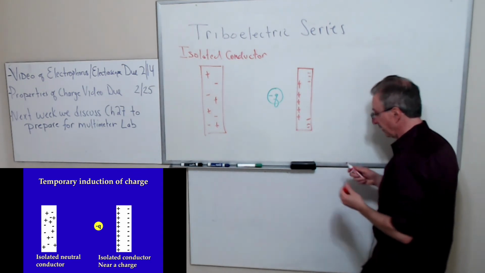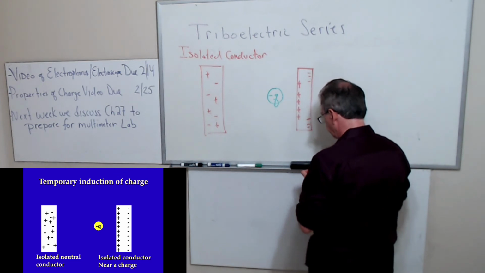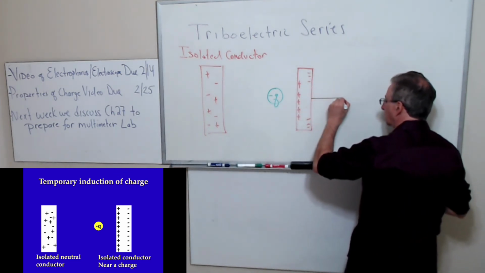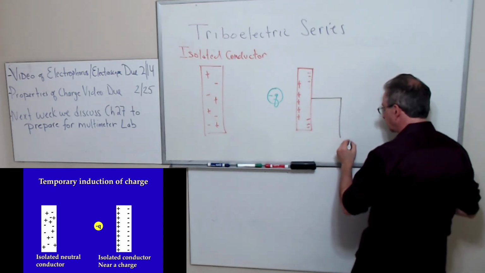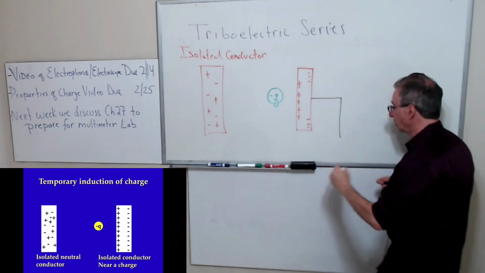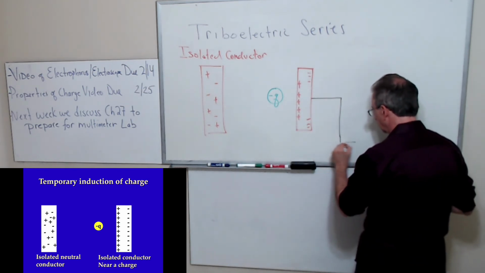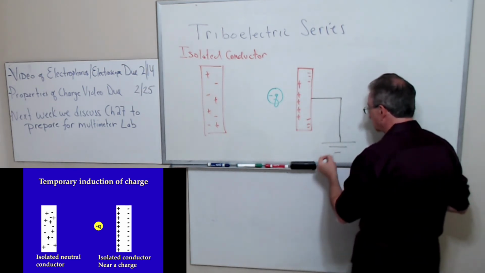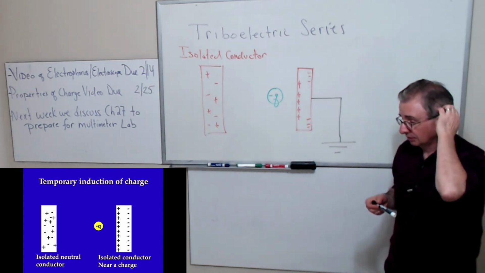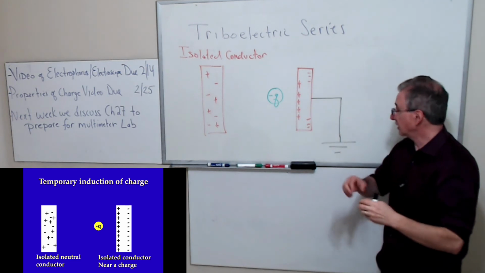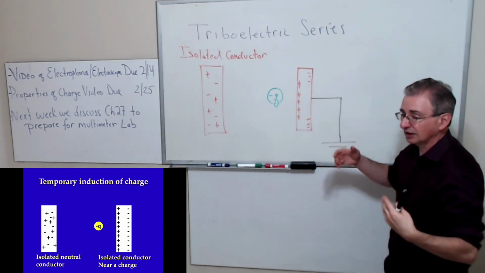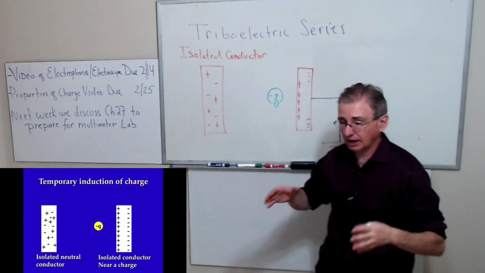What if I take a wire and I attach it to, let's say, a water pipe, which goes into the earth? This is called grounding. I guess I should answer the question, what is grounding? Well, what is ground? You're sending a wire, or you're giving electrons a path into the earth.